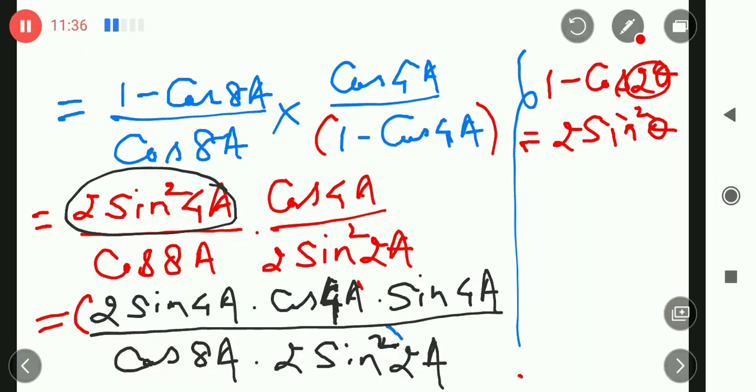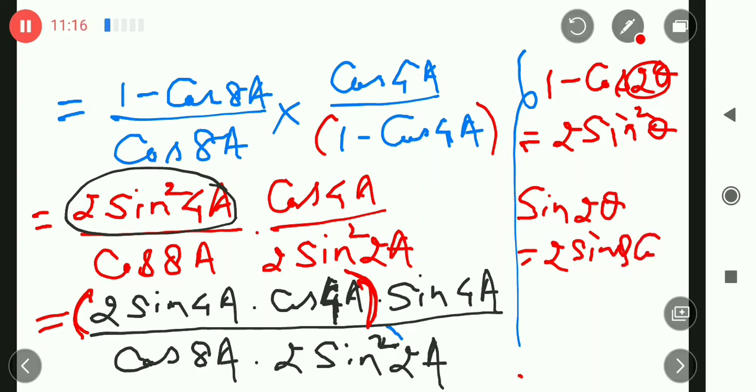Now students, see what I am thinking to do. This one and this one, take in a bracket. So 2 sin 4a into cos 4a, this is also a formula. We have a formula: sin 2 theta equals 2 sin theta into cos theta.